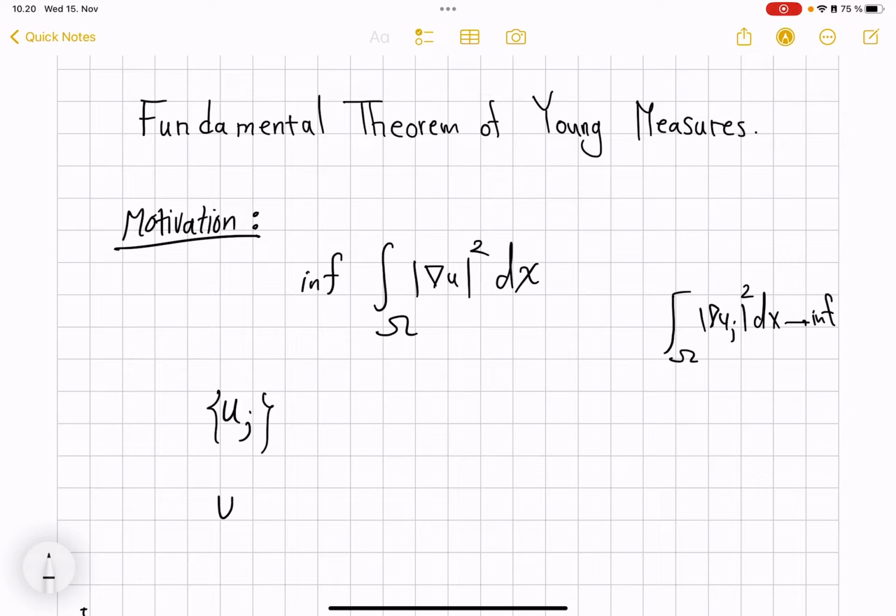Now, the dream is that out of these sequences, probably after passing to a subsequence, you find, in some suitable sense, a limit function u.